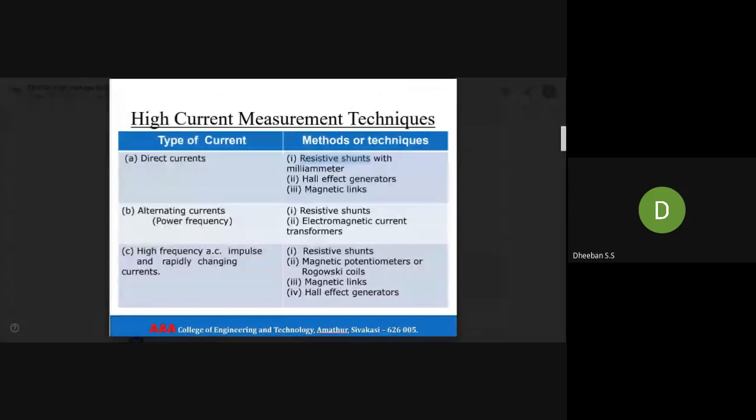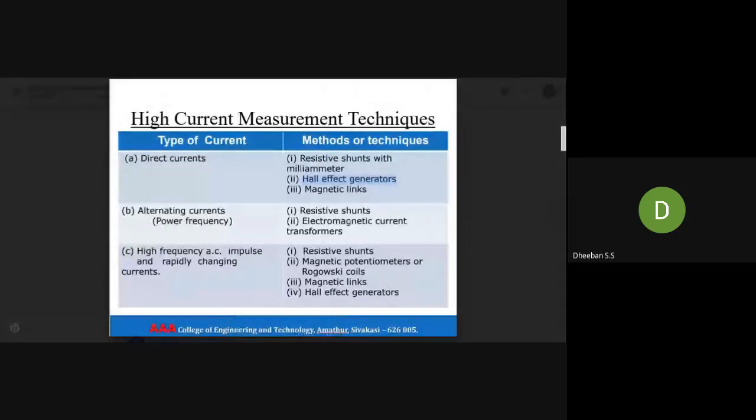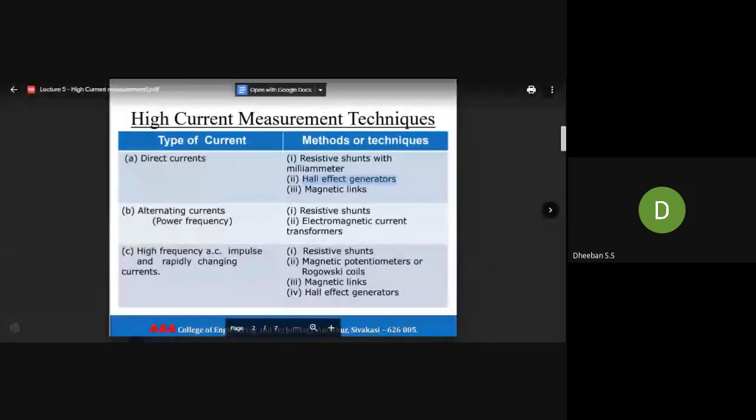After that, we will be making use of Hall effect generators, and after it, we will be going with magnetic links.